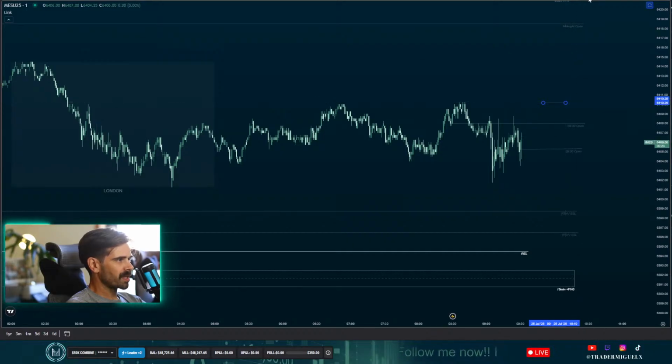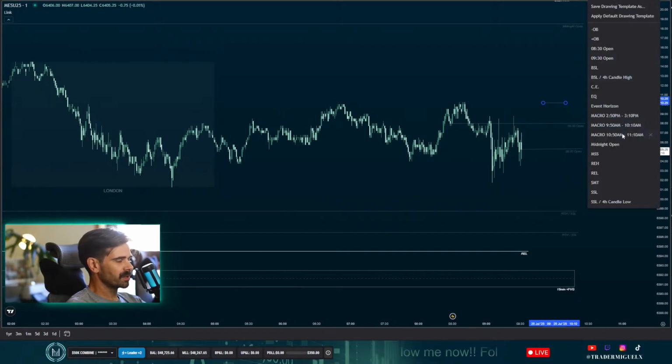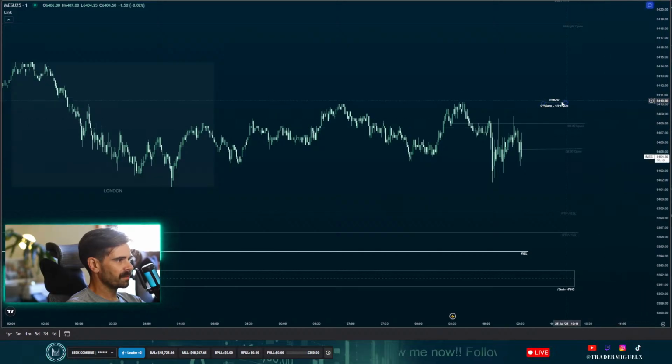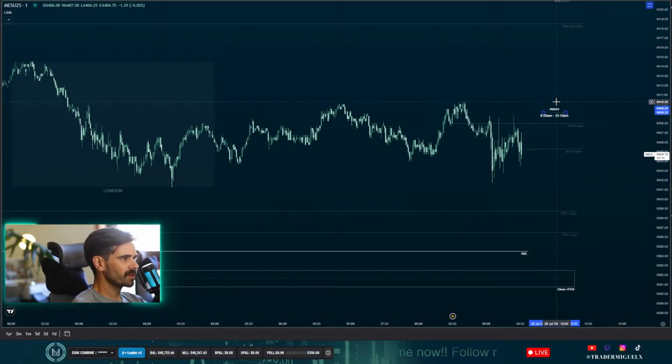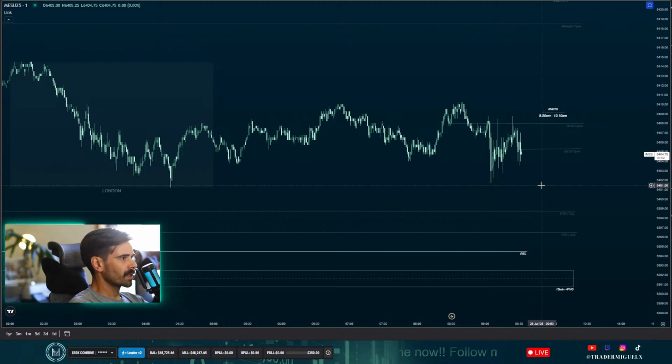So let me mark the 9:30 open as well, the macro hour. So here it is. Let me open the position size calculator as well. Yeah, there we are. Right now price is somehow accumulating.